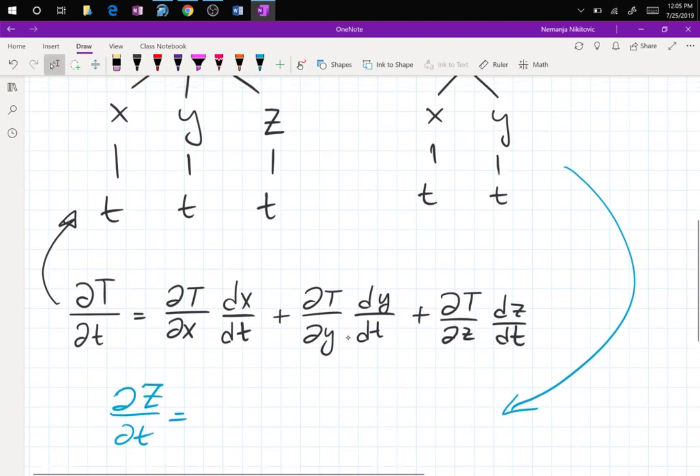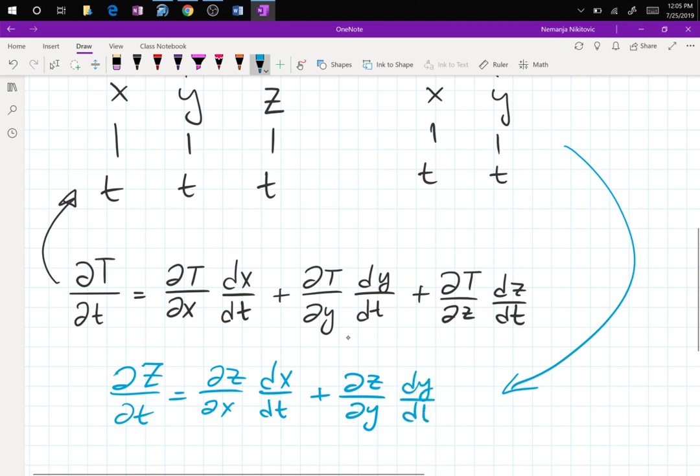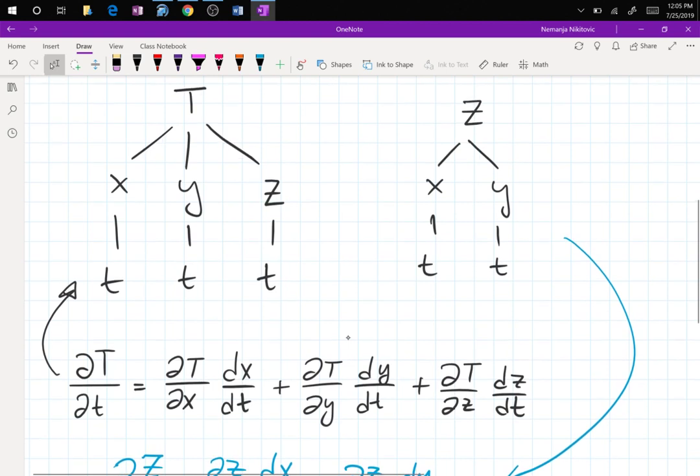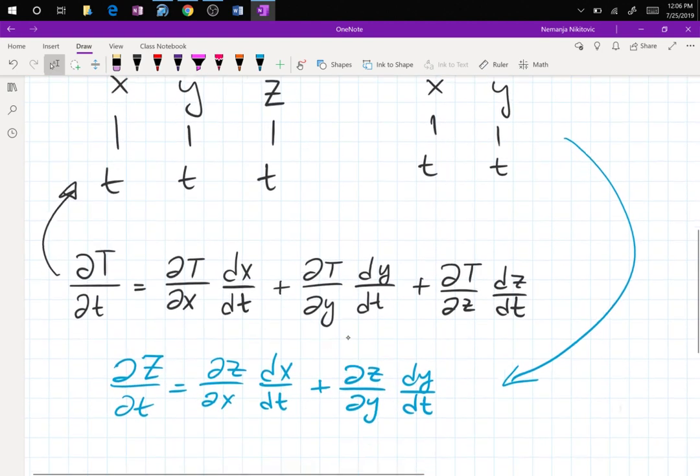Z is the one that branches into x and y, so you have partial z, partial x, and then you have dx dt, plus partial z, partial y, and then dy dt. So we use a tree to build the formula. Once we have a formula, then we can go and do the rest.